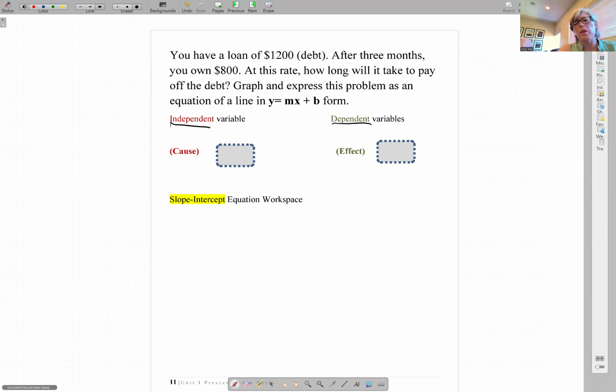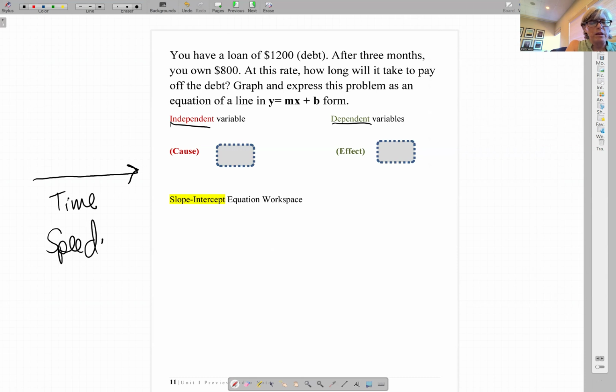Okay, time. Let's say a car starts driving and gains speed, if you will. And there's 2 factors. There's time. You know, they talk about 0 to 60 in 3 seconds or something like that. And then there's speed. The speed is dependent upon the time.